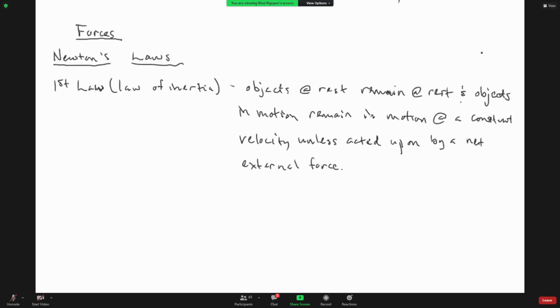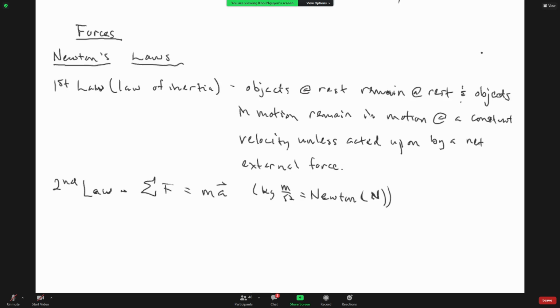So the next law, Newton's second law, is the one that we're going to be applying a lot today. It simply states that the sum of all the forces acting on an object is equal to mass times its acceleration. The units for force is kilogram meters per second squared, otherwise known as a Newton, denoted as capital N for short.